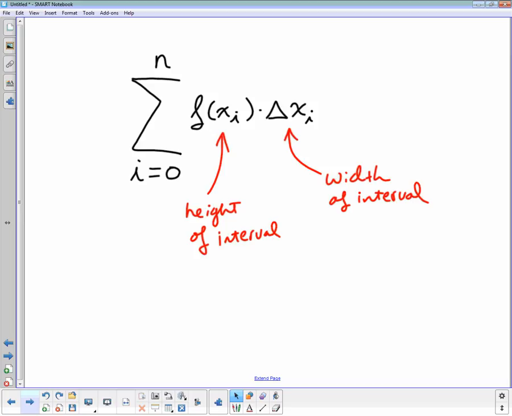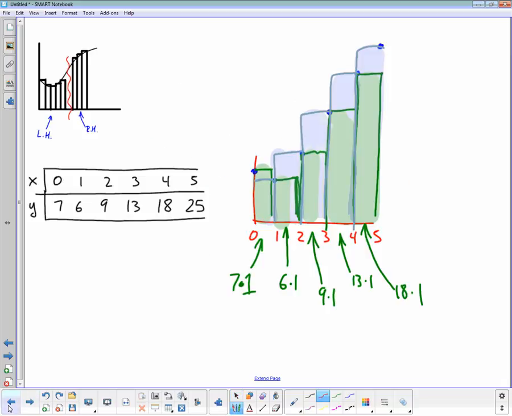The width of the interval is irrelevant because this i equals whatever is just scrolling through my data points. This would be x sub 0, x sub 1, and so on and so on.